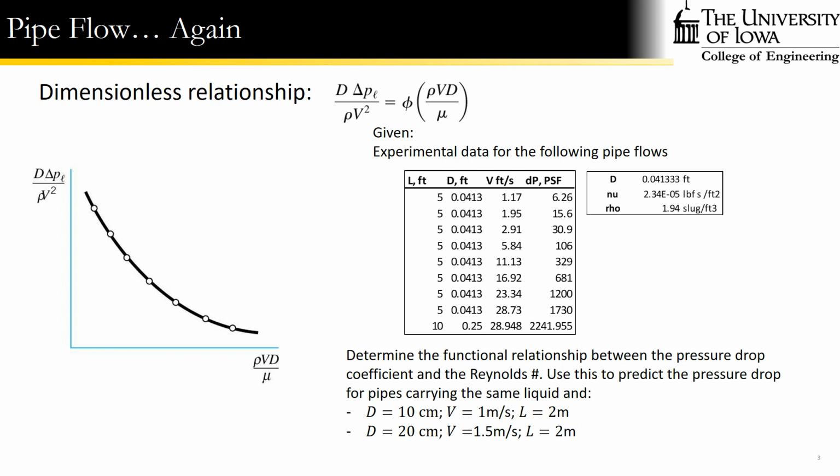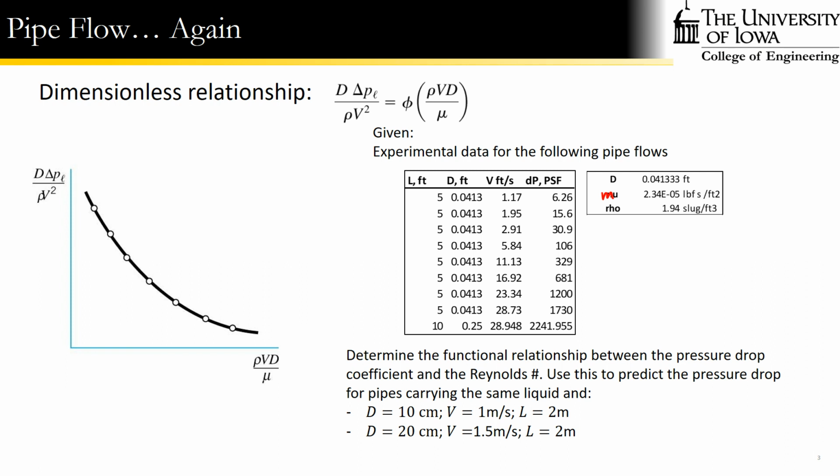Right. So suppose we're given some experimental data for a pipe that is about 0.04 diameter. This is supposed to be mu. The dynamic viscosity and density of the fluid indicate that it's water flowing through the pipe.